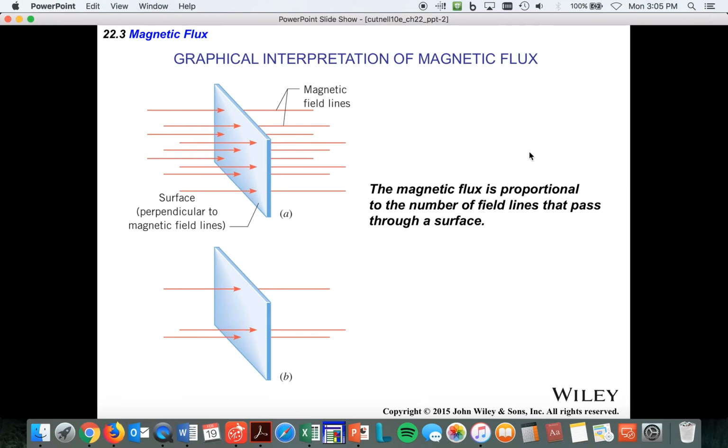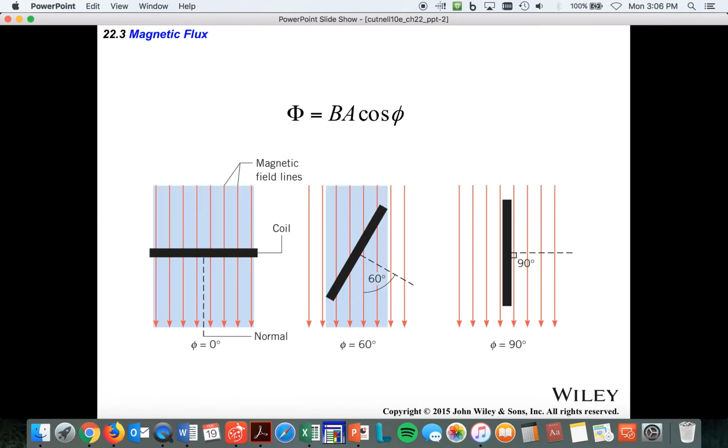The magnetic flux is proportional to the number of field lines that pass through the surface. So we can change it by either rotating the object, by changing the area, or by changing the magnetic field. It's BA cosine of the angle. Here's the real equation: BA cosine theta, and you can change any one of those three.